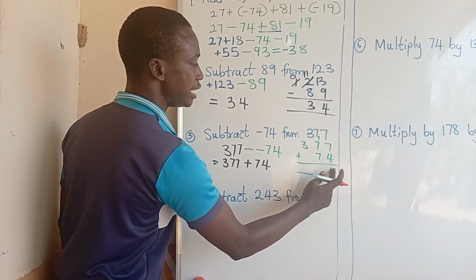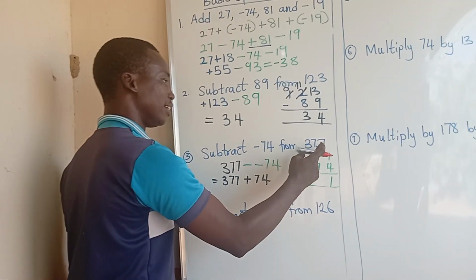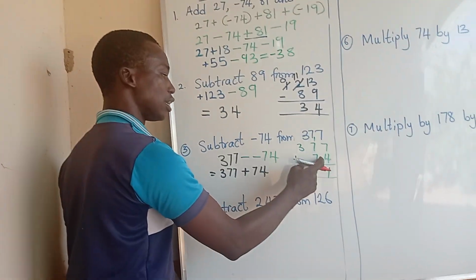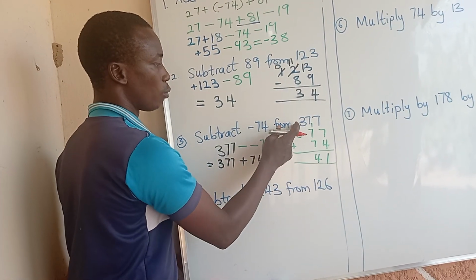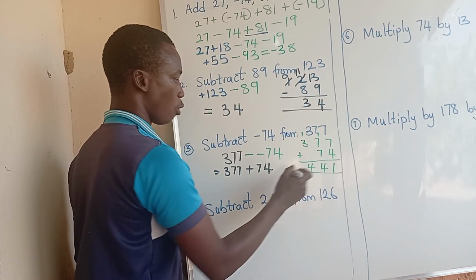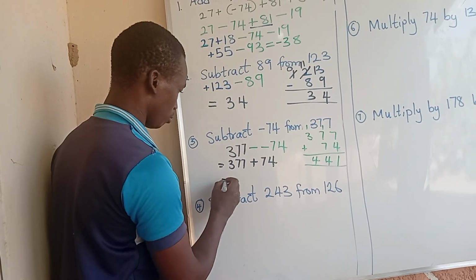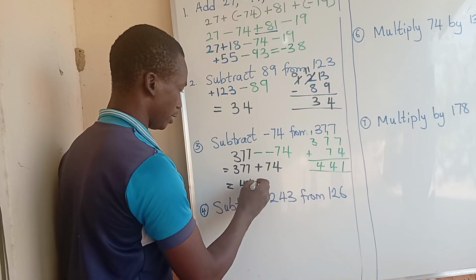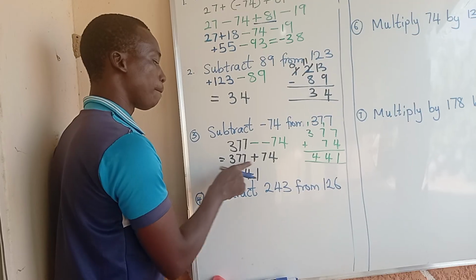So we'll write the unit here, which is 1, and then the tens, we'll take it to the tens side. So now it becomes 1 plus 7, which makes it 14, and then we'll carry 1 here. Then 1 plus 3, we get 4. So the answer of this our question is going to be what? 441.